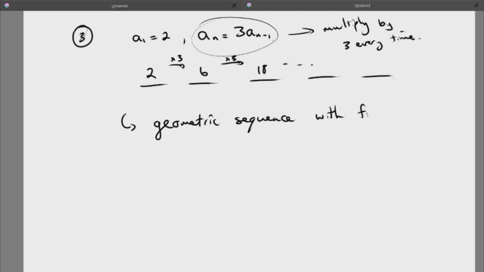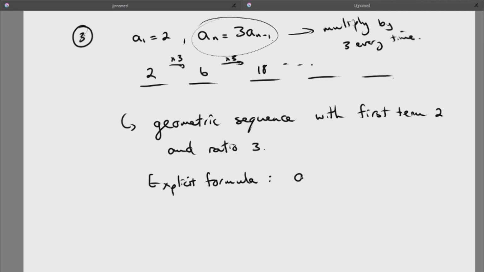So I have first term 2 and ratio 3. And then this was a recursive formula, so I need to find or say what the explicit formula is.